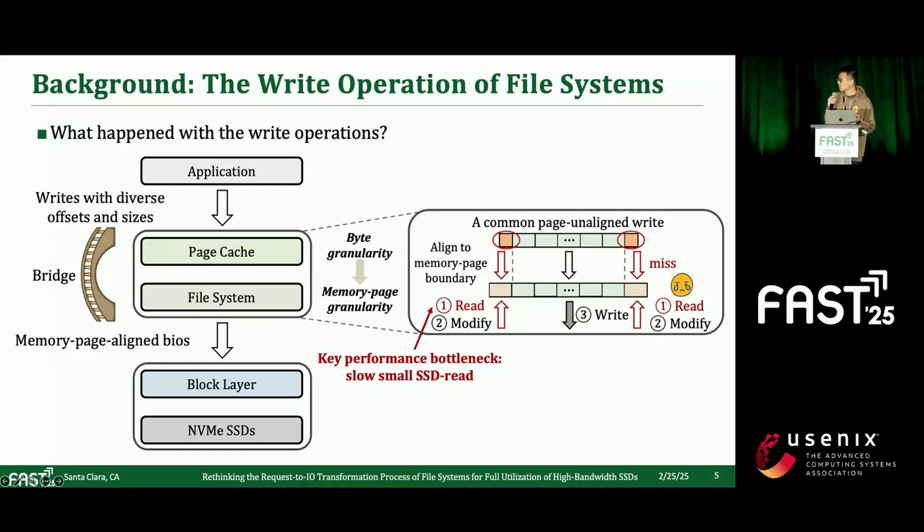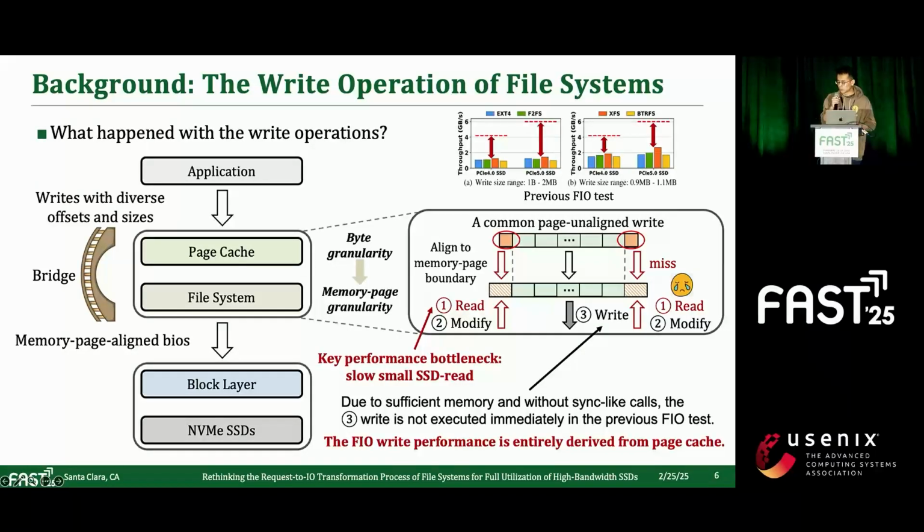Because of the long latency of SSD access, these small reads are incredibly slow, and this becomes a major bottleneck. Now remember, our previous test has sufficient memory and no sync cost. This means that writes were being asynchronously flushed, and our performance results were primarily from the page cache. So no matter how high the bandwidth of the underlying SSD is, the performance is limited in this scenario.